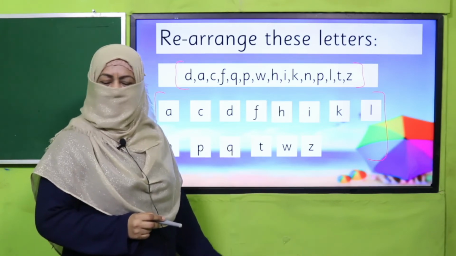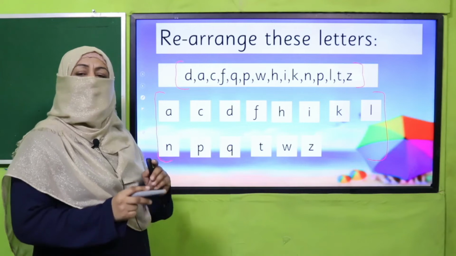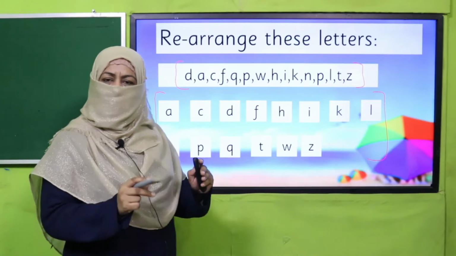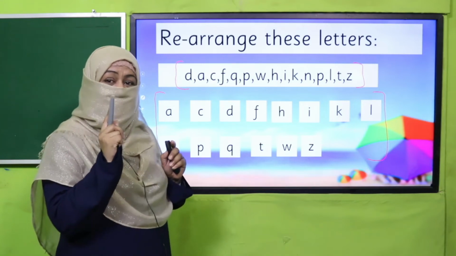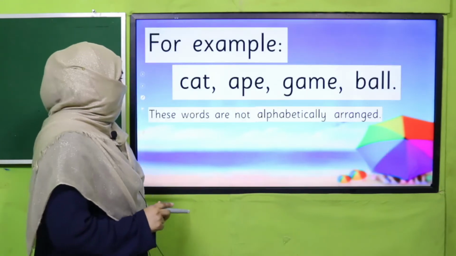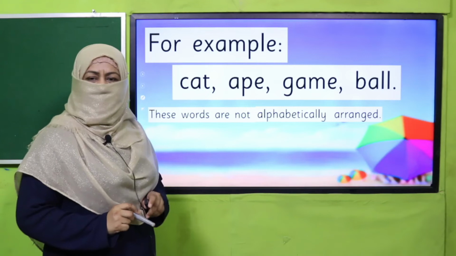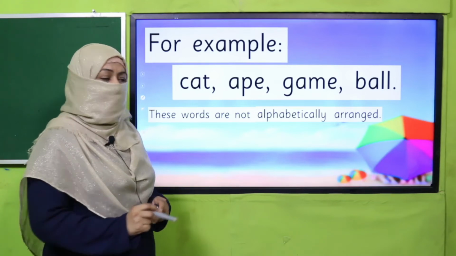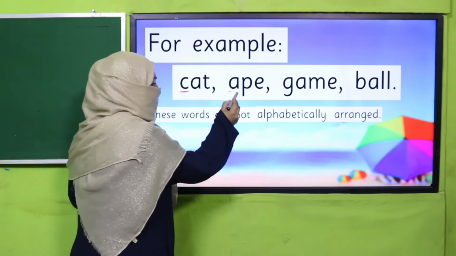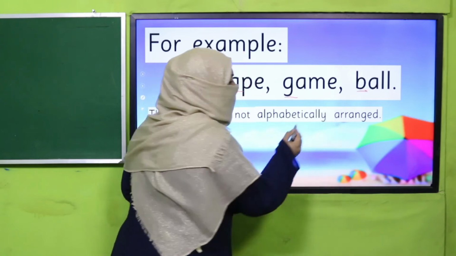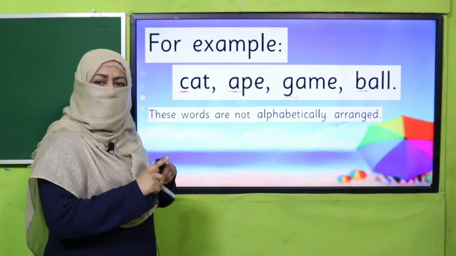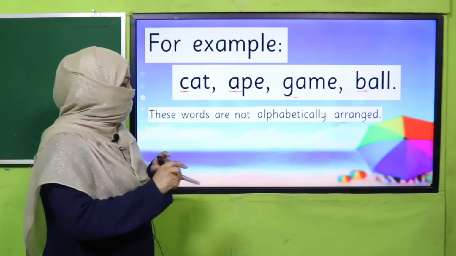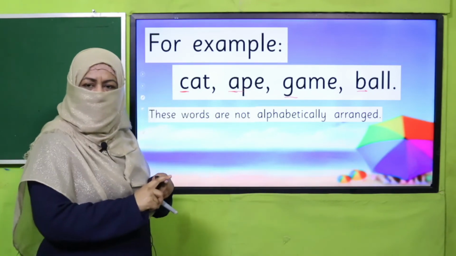Are you clear? Okay, so this is the concept, beta. Likewise, we arrange words by looking at the initial letter, the first letter. For example, now look, if I ask you to arrange these words, what do you have to do? First of all, you have to look at their first letter and arrange them in the order they appear in ABC. So what comes first in ABC? A. So the word which starts with A will come first.